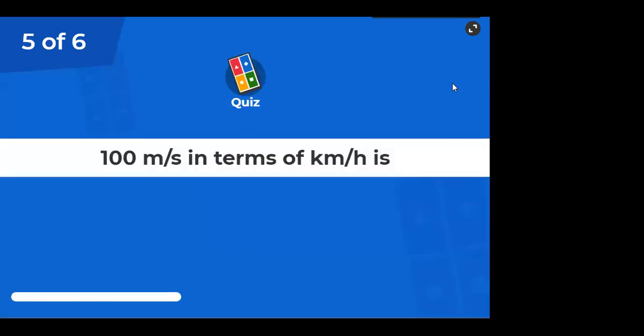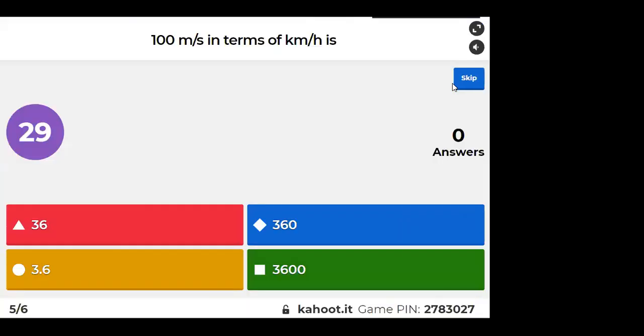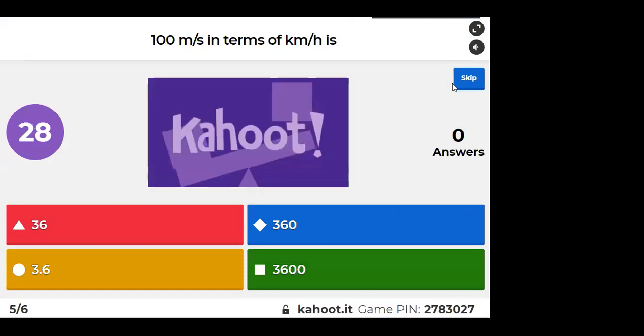Now the fifth question. In this case, it is 100 meter per second into kilometer per hour.